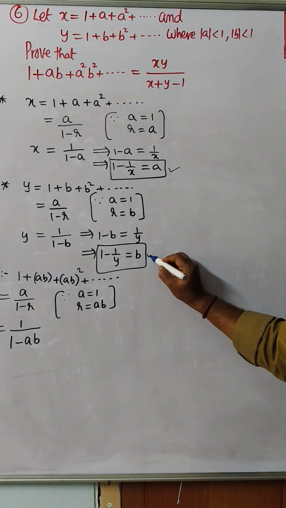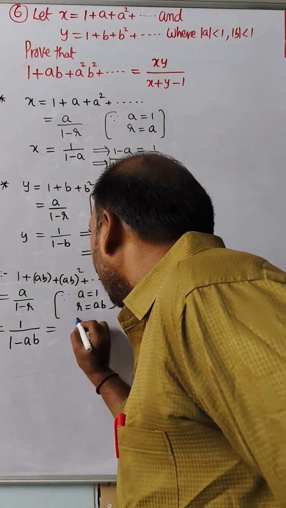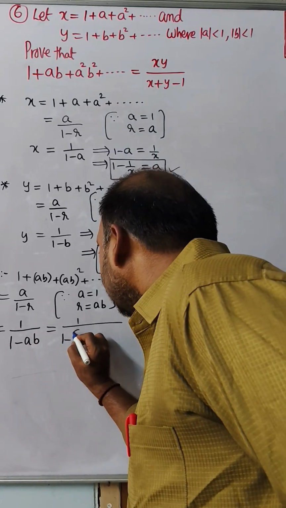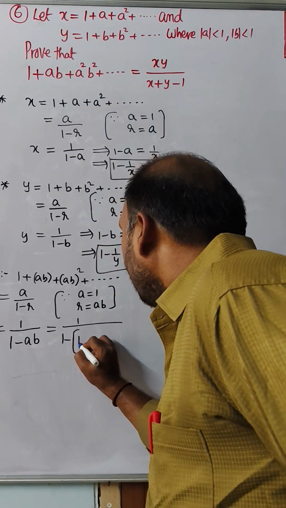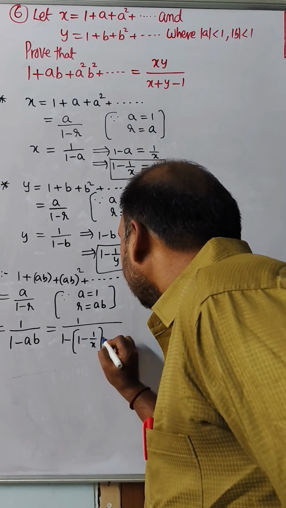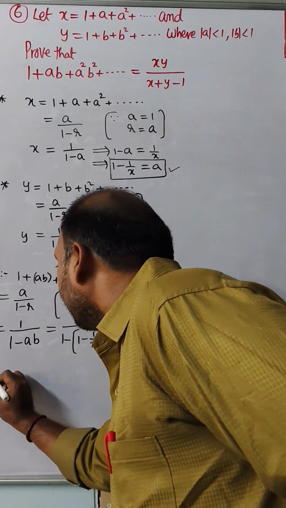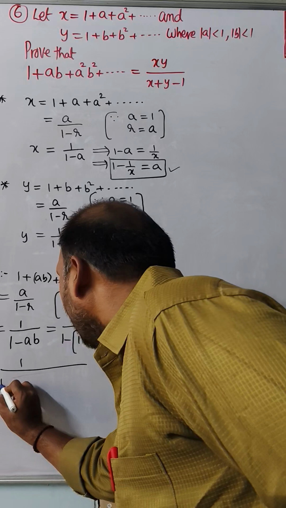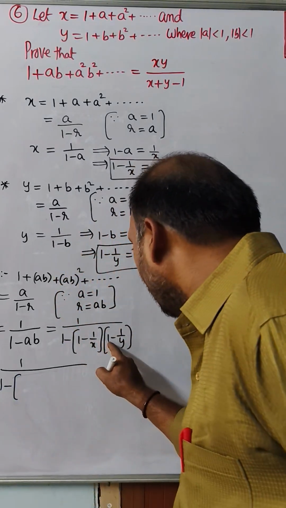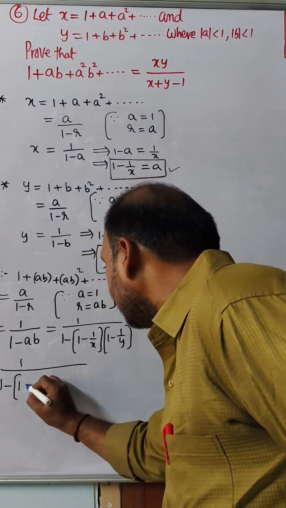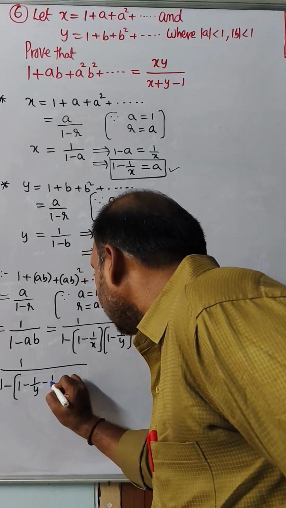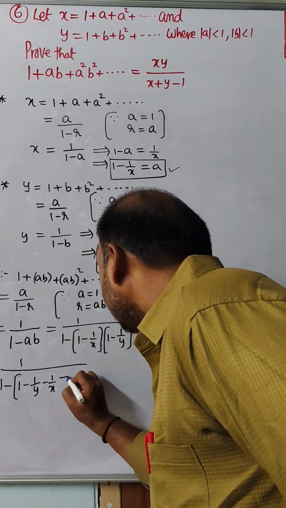This is the a value, this is the b value. Substitute in this: 1 by 1 minus (1 minus 1 by x) into (1 minus 1 by y). We need to simplify. 1 divided by 1 minus, keep bracket, 1 minus 1 by y minus 1 by x plus 1 by xy.